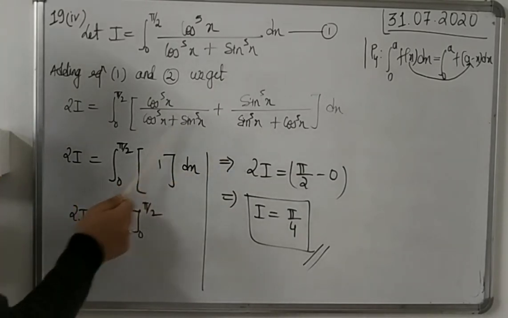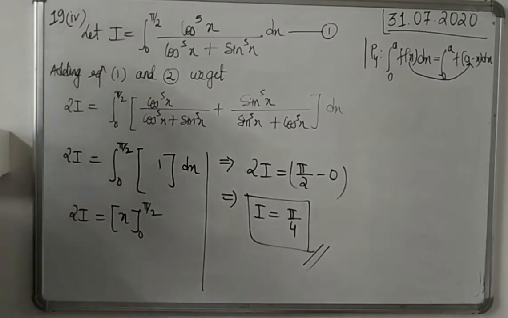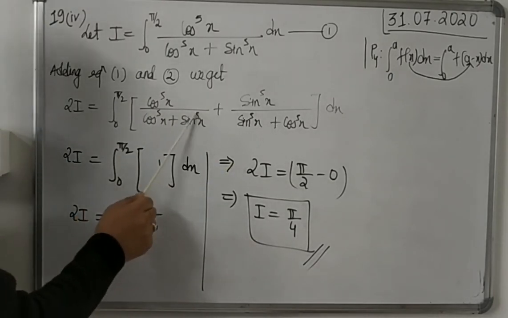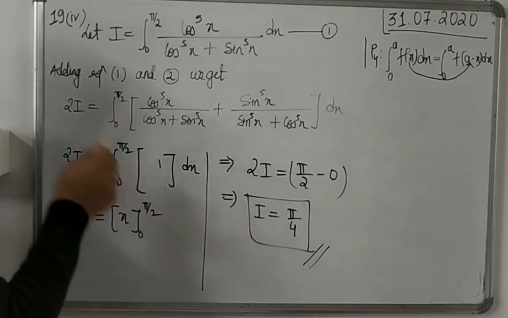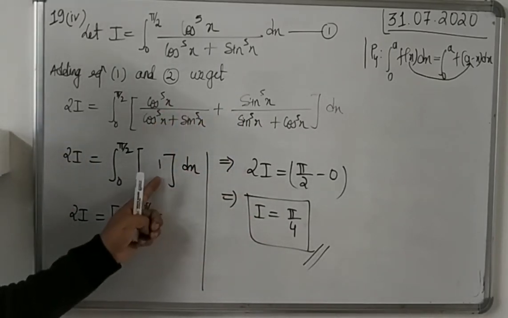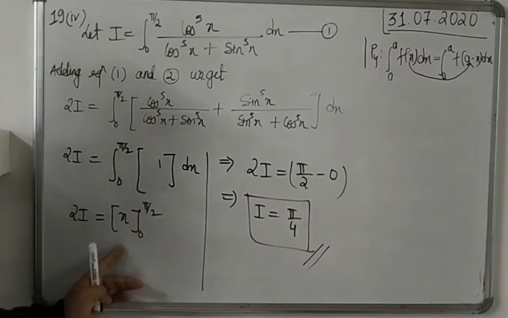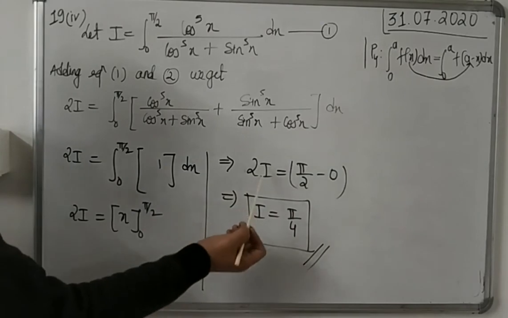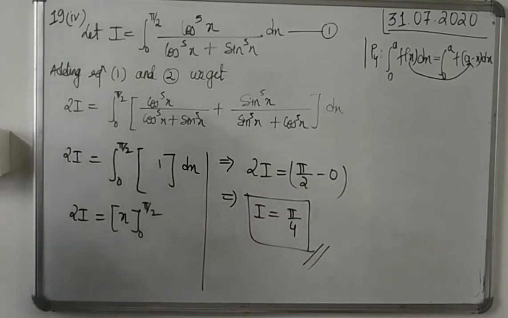You can see the LCM is the same expression, cos to the power 5 x plus sin to the power 5 x. Numerator becomes same, they get cancelled out, so the remainder is 1. So integration of dx is x, put the upper limit and lower limit, that is pi by 2 minus 0. Okay, so I is equal to pi by 4, which is the answer.